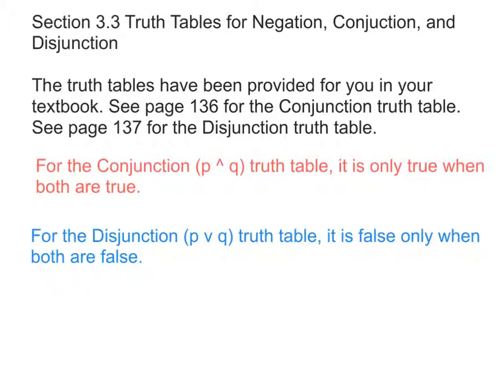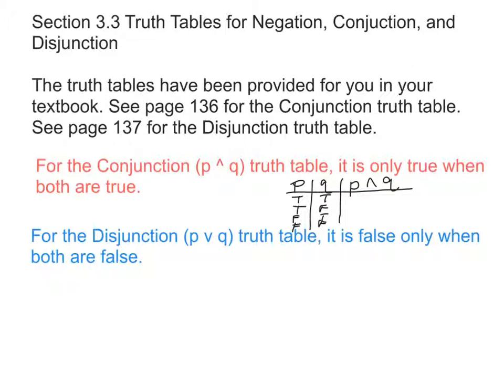So if you recall, you have P, you have Q. For P and Q, you'll have true, true, false, false. And Q, you'll have true, false, true, false.